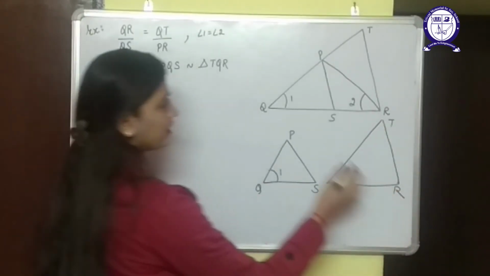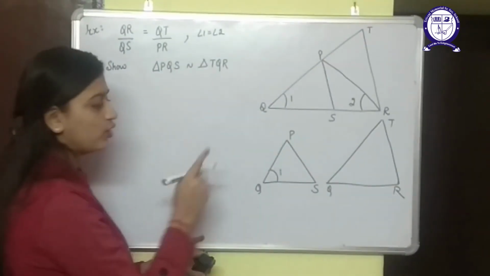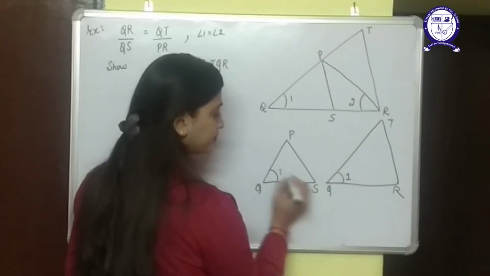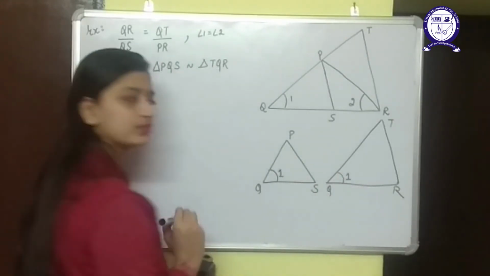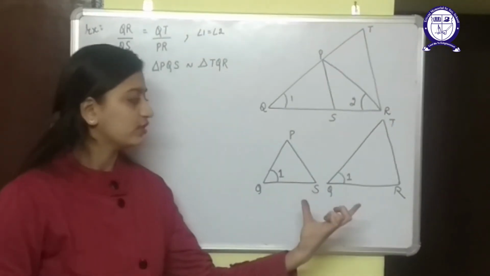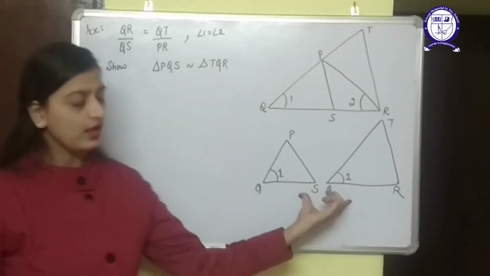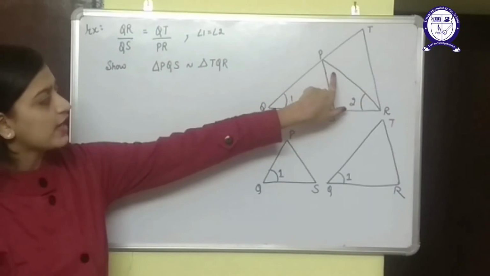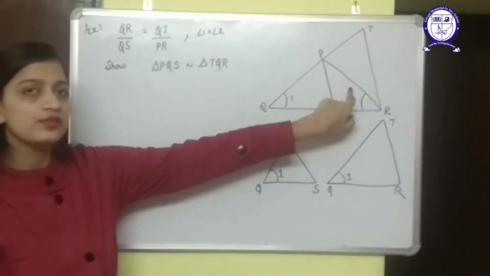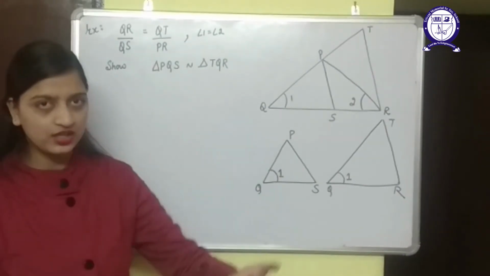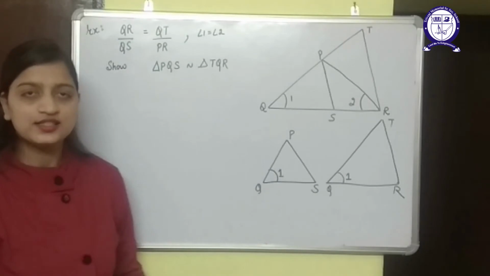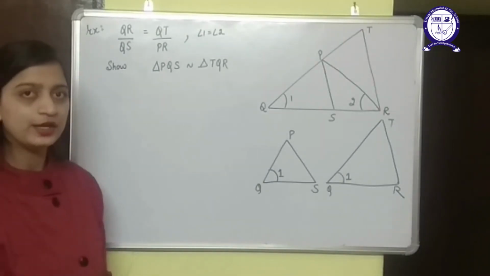And you can see that this triangle TQR also contains angle 1. Okay, so in this question, in these two triangles, there is no role of this side PR. This is drawn here because it will be used in some other way, but in similarity there is no role of this side. This is some extra side made.